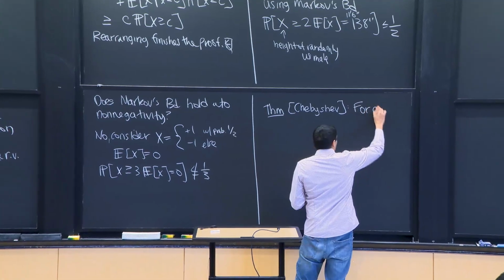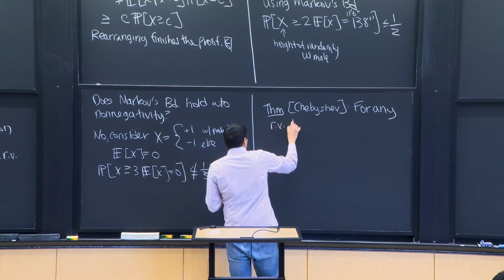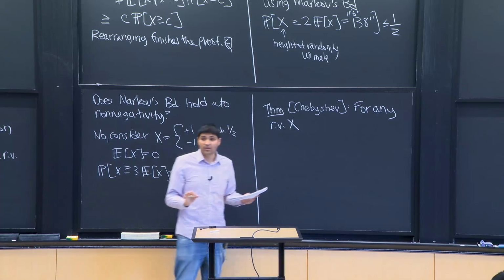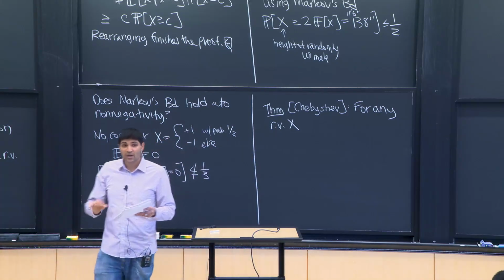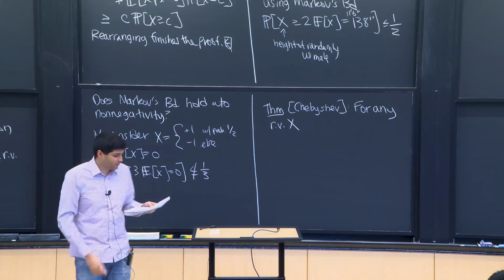In any case, now we're going to start off with any random variable x. This is already very different from Markov's bound because I'm not going to assume non-negativity. I don't even need it for this proof.